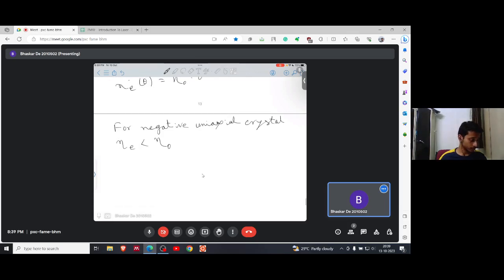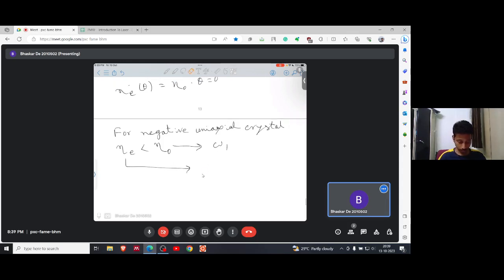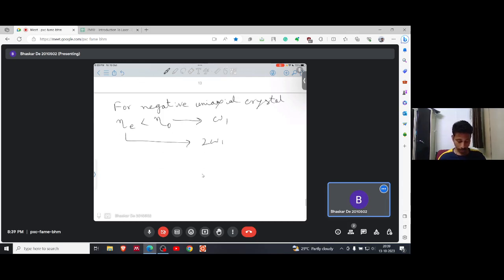So the fundamental frequency is the ordinary ray. This will correspond to omega 1.